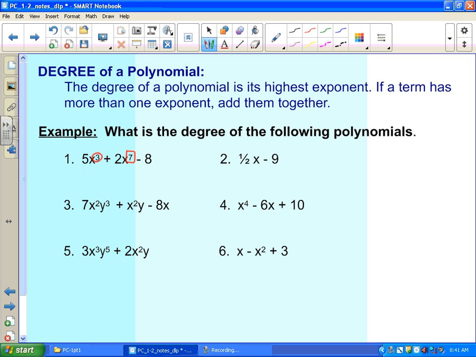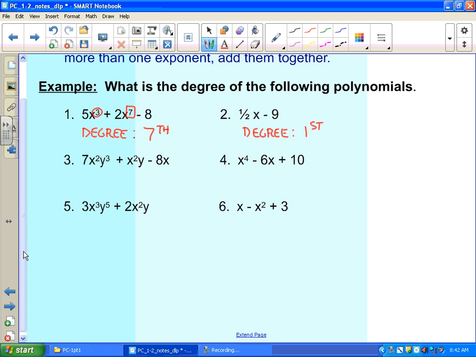So this one has a degree of 7. And that next one, we saw in the last example. When there is no exponent, we know that that's a first degree function, also known as linear.